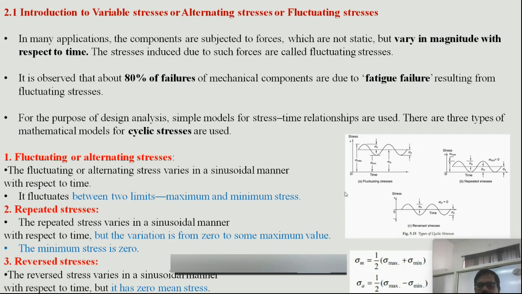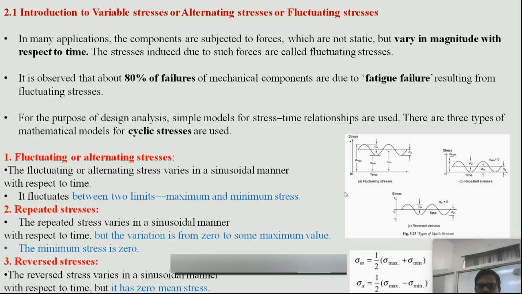Fatigue is the condition of an object when it is subjected to fluctuating or alternating or variable stresses with respect to time.